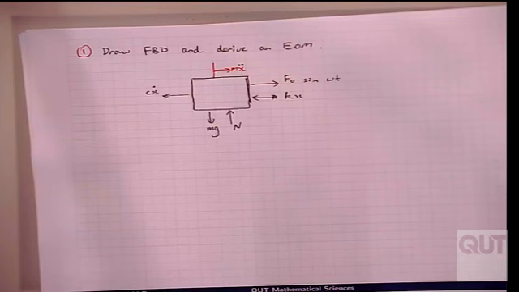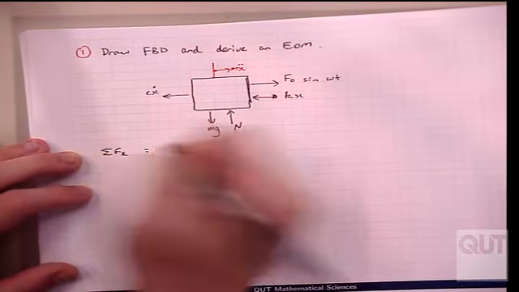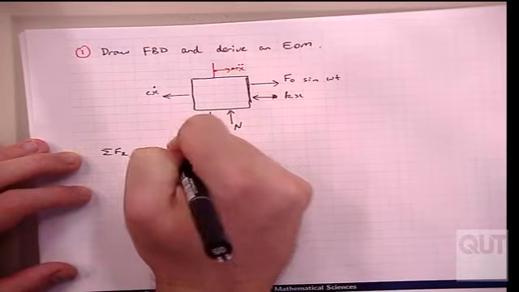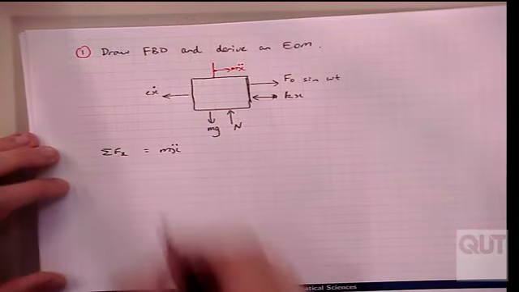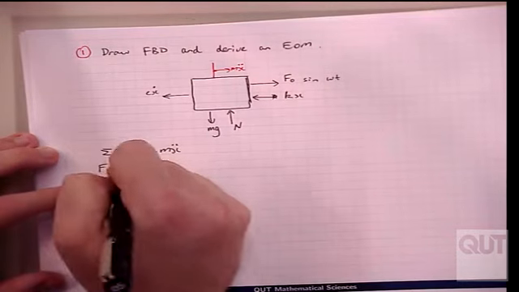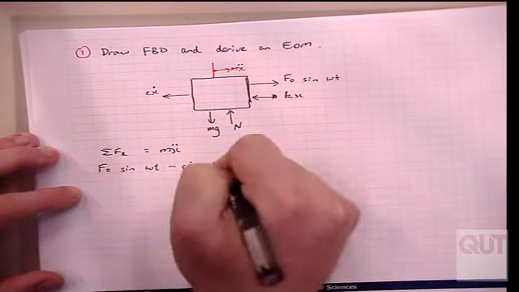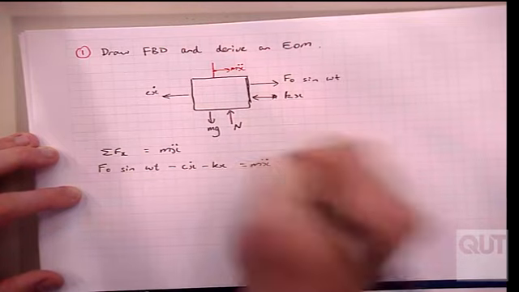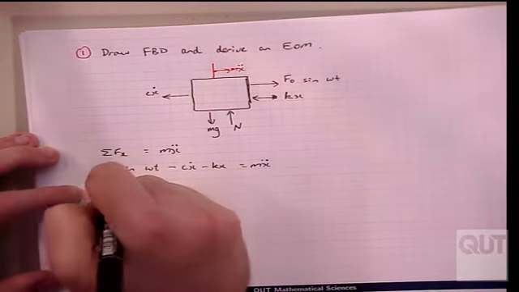And then in the y direction, we've got these mg and normal force terms that will cancel each other out. So then we apply sum of forces in the x equals mx double dot. And this will leave us with our second order non-homogeneous ODE we saw at the start of the lecture.